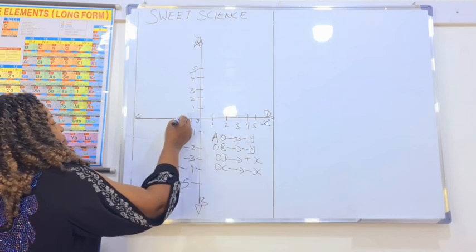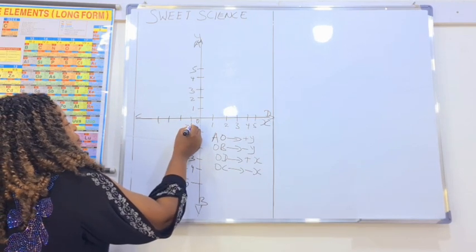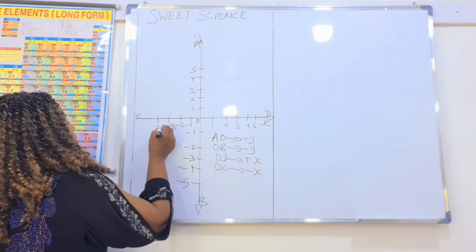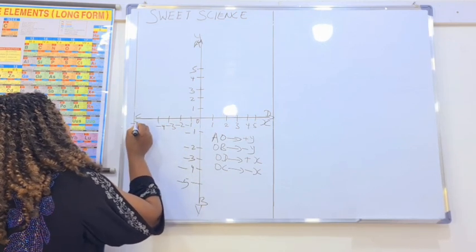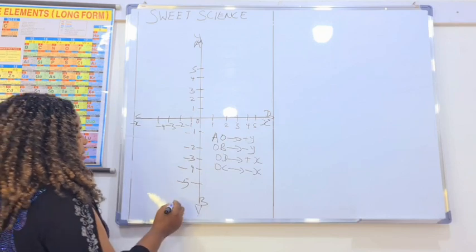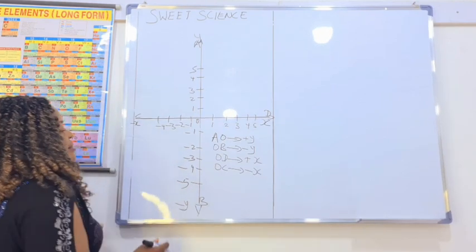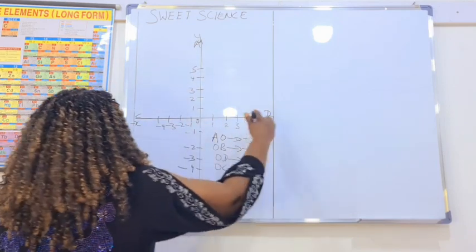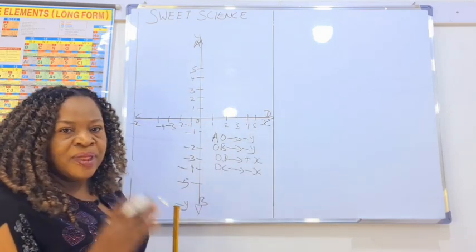Then we can also have -1, -2, -3, -4. So this is the negative x-axis. The negative y-axis goes down, and here is the vertical, here is our horizontal.